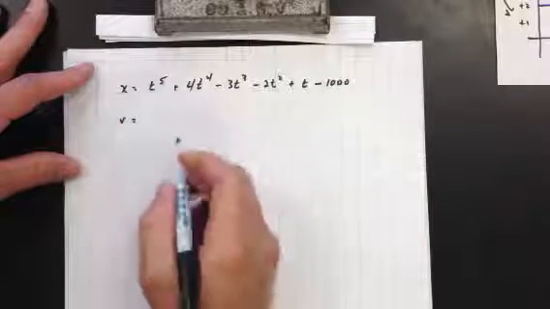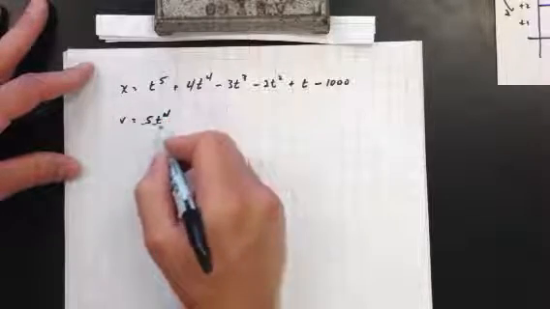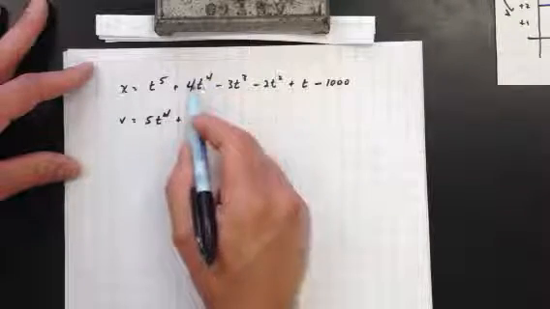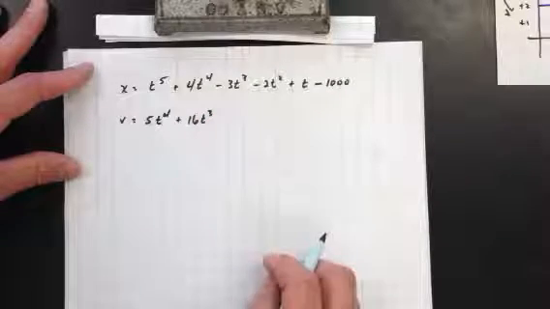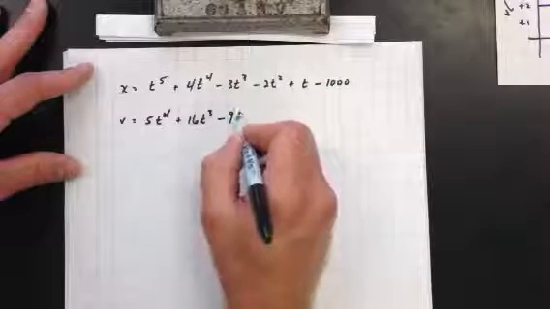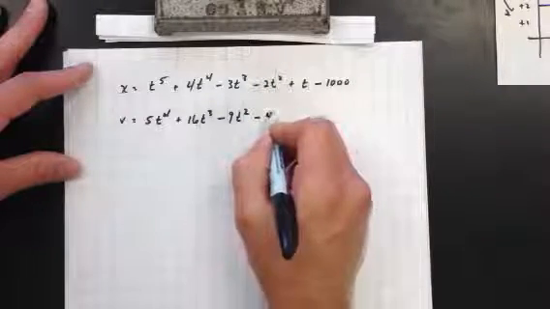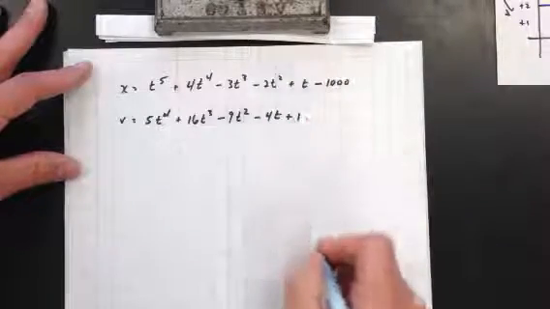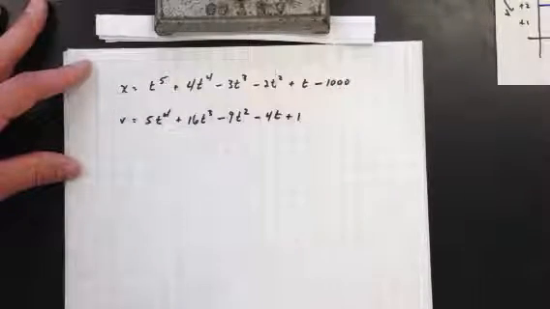So 5 times 1 is 5, t to the 5 minus 1 is 4, and that's the derivative of this term. Okay, look at this term. 4 times 4 is 16. T to the 4 minus 1 is t to the 3. 3 times negative 3 is negative 9. 3 minus 1 is 2. Negative 4t. 1, 0. So here's my velocity function.